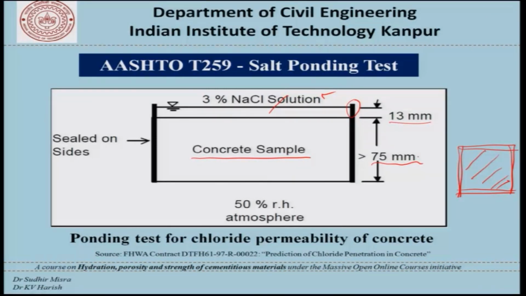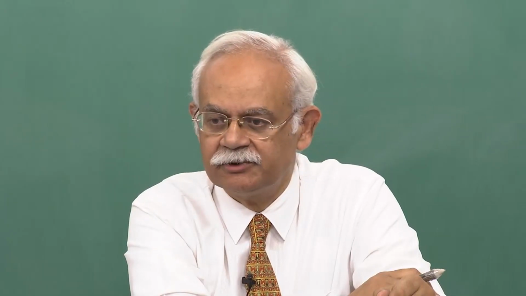The results of this test, for example, would be very different if we take this entire test setup and put it outside in a desert. A lot of this sodium chloride solution would simply evaporate, or we take it in a room which is very cold. So, that really takes us to the point that when we are doing any of these tests, the conditions for the test are very important and should be followed in letter and spirit to the extent possible.